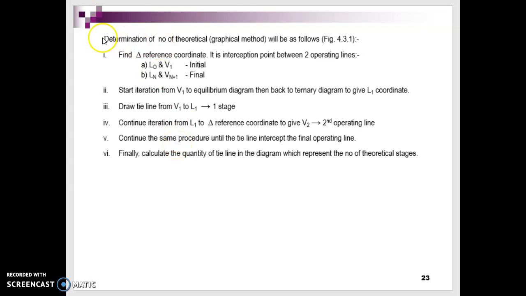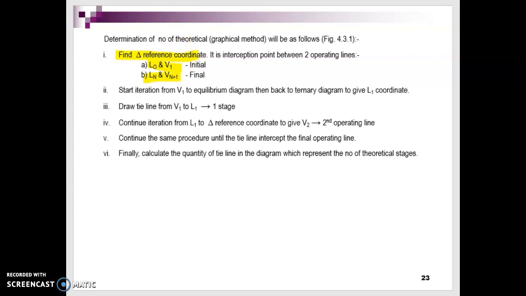In order for you to determine the number of theoretical stages, first you need to find a reference coordinate. So how we get our reference coordinate is through the connection between the lines of L0 and V1, and Ln and Vm plus 1, which must touch each other at the ends.